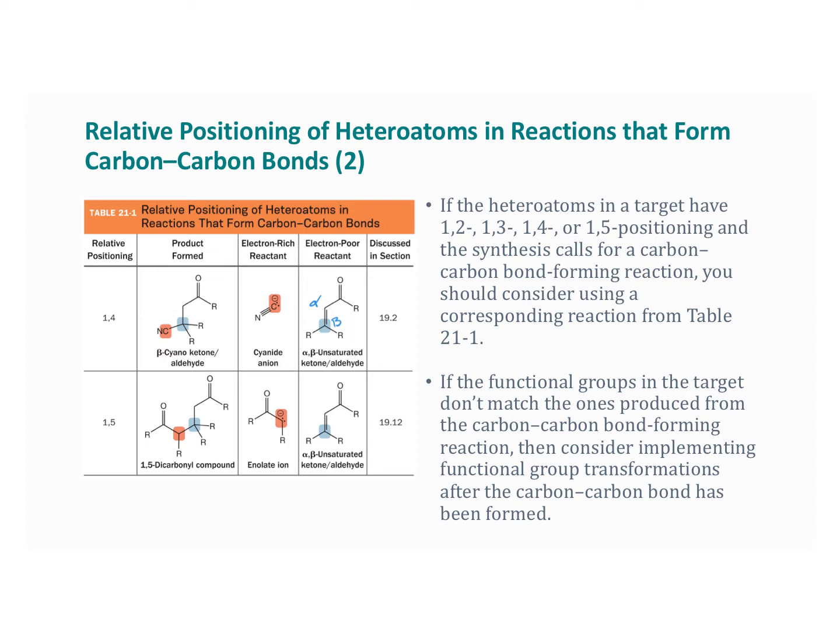If the functional groups in the target don't match the ones we produced from the carbon-carbon bond forming reaction, then consider implementing functional group transformations after the carbon-carbon bond has been formed. Okay, the important thing here is the after part.